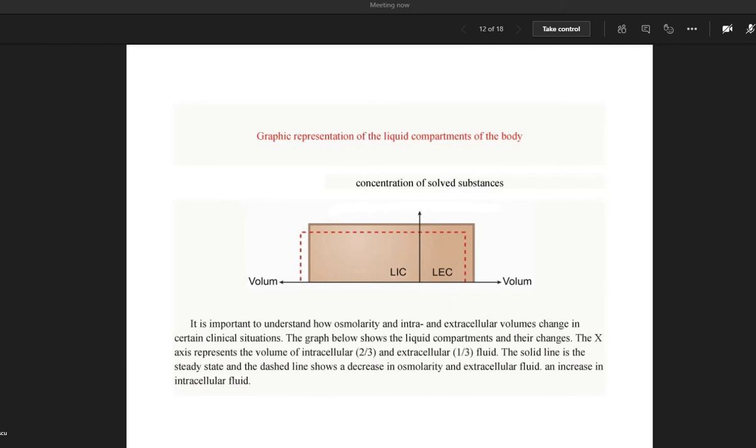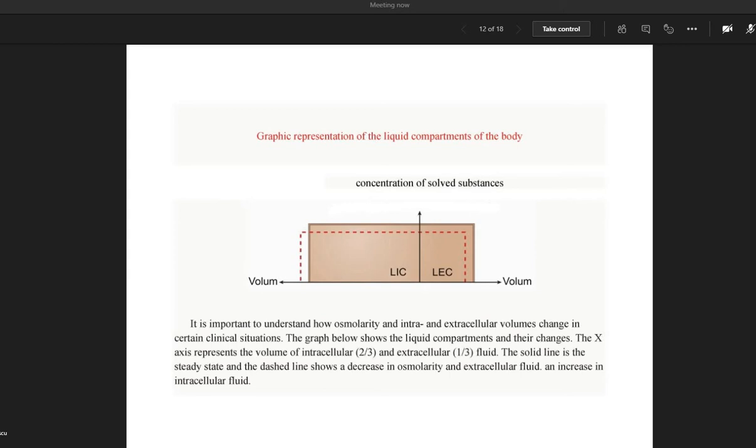Now, we have here two situations. The first one is with the continuous line, and it shows how things stay in the first case: how large is the intracellular volume and how large is the extracellular volume. And then we have the final stage, when those compartments suffered some changes, represented by the red dotted line.